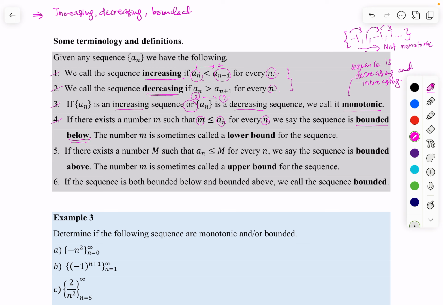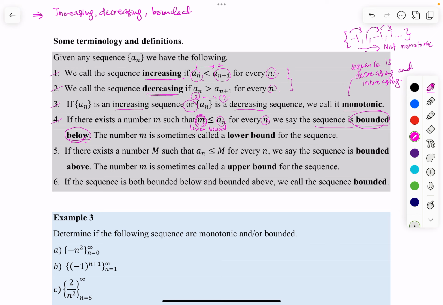It means that for the sequence, there is a smallest number, that is m. This smallest number is called the lower bound. Since this sequence has the lower bound, the smallest value, we say that the sequence is bounded below.